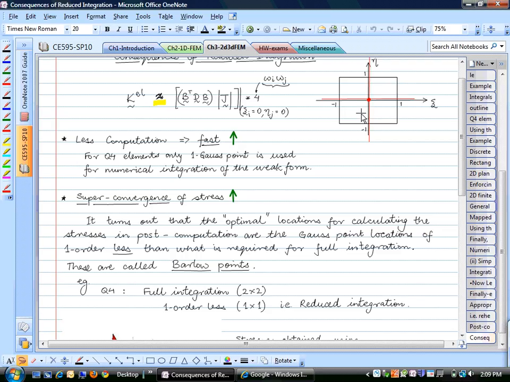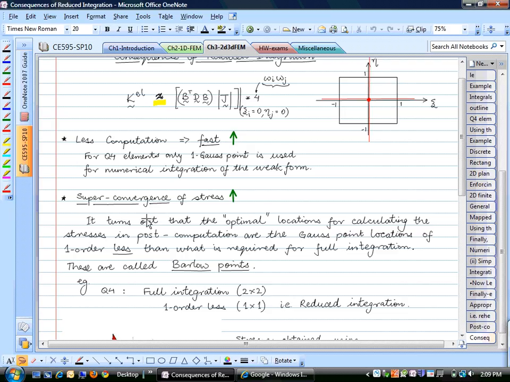And what that means, again, in terms of our error measures that we were just talking about, error in displacement is of the order of h^(p+1). Do you remember that from one dimension? We said order of error in displacement is h^(p+1). Therefore, order of stresses is h^p.